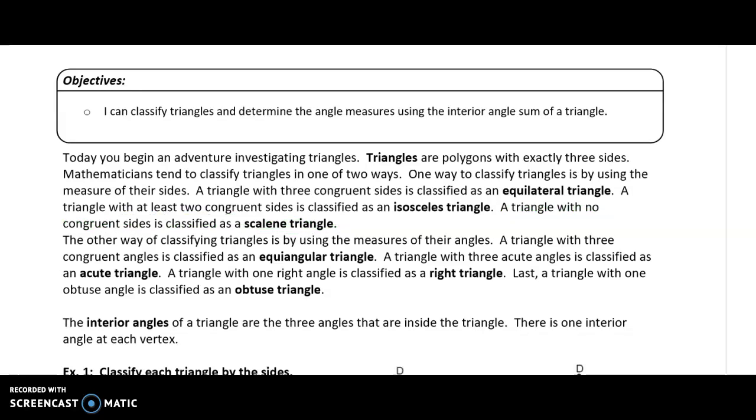So again, to classify a triangle based off its sides, you're going to say it's either equilateral, meaning all 3 sides are congruent, or isosceles, meaning at least 2 sides are congruent, and then scalene if there are no sides congruent.